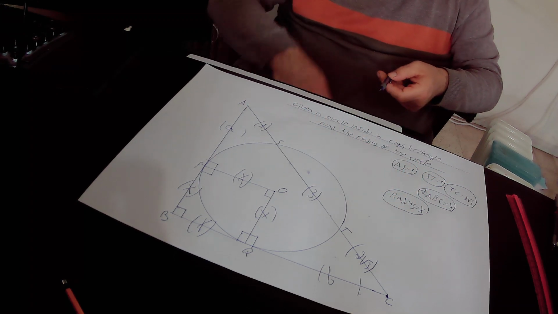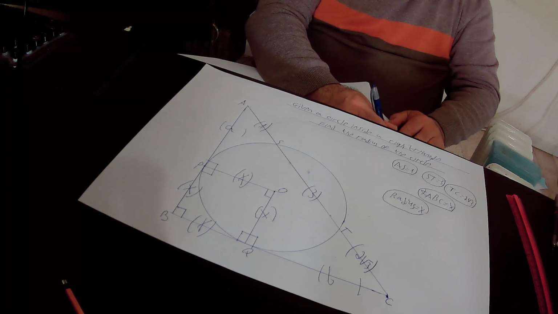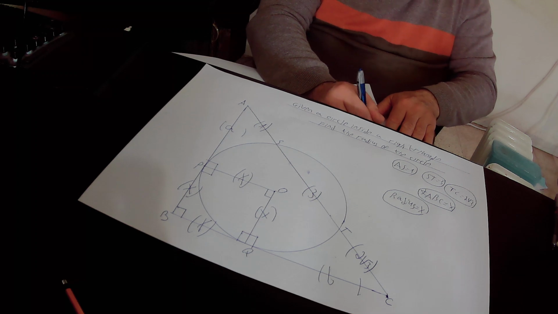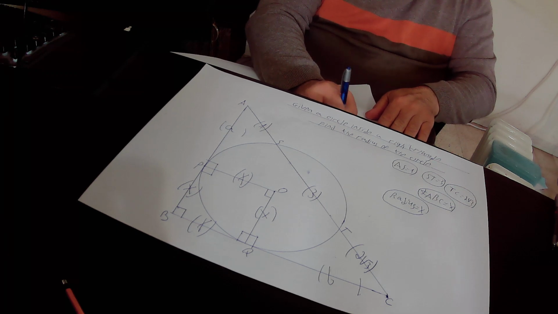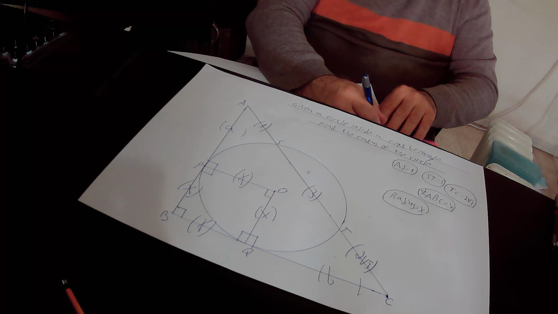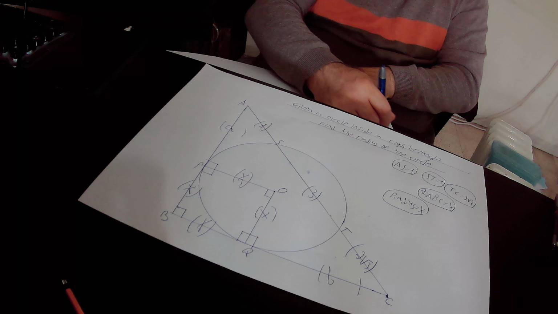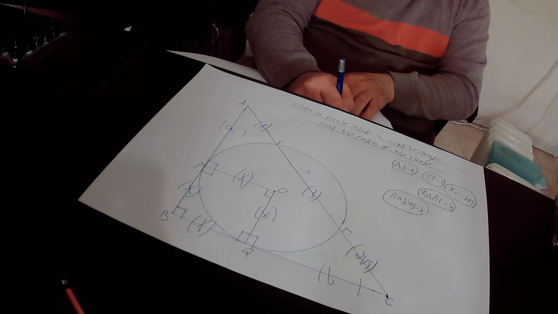So I write it down. If you focus on the common external point, point A, according to rule 10, AP square equals AS times AT.